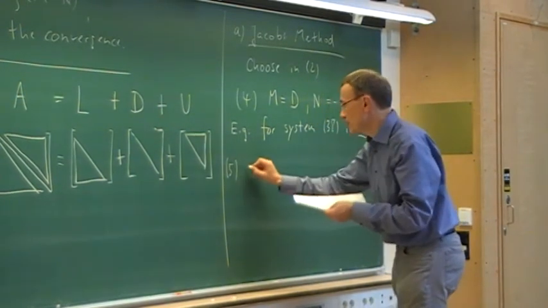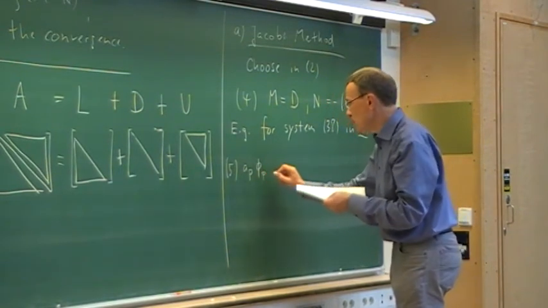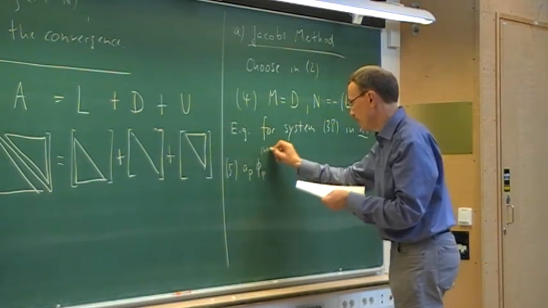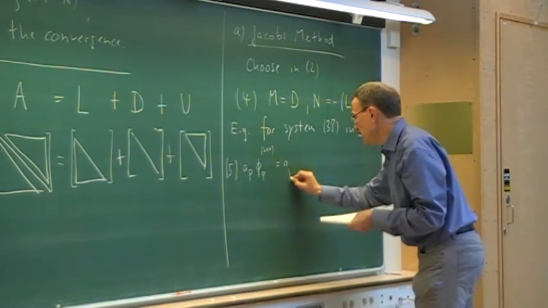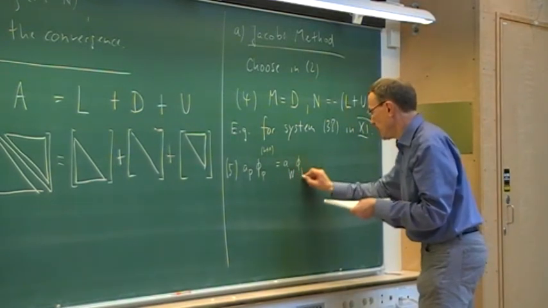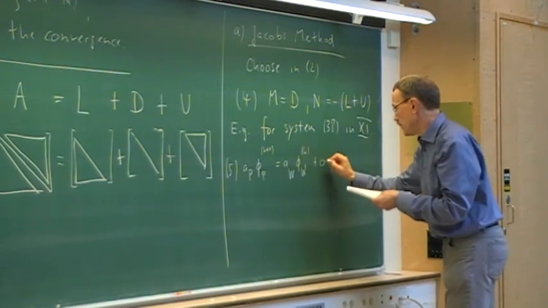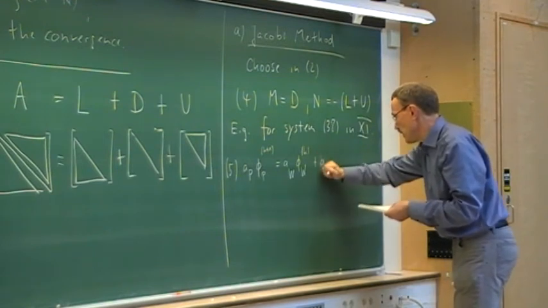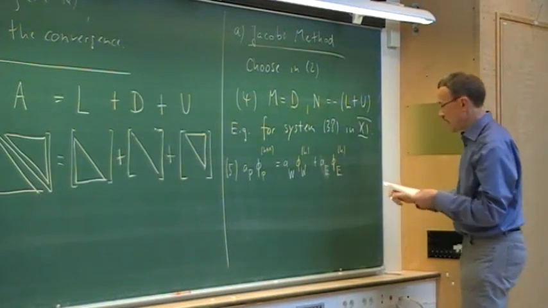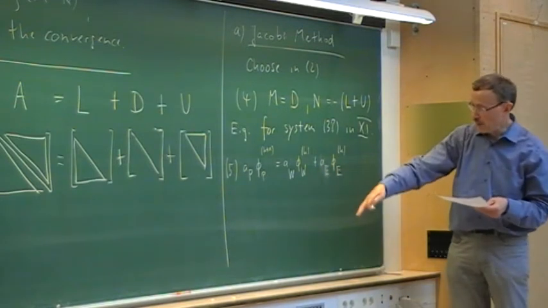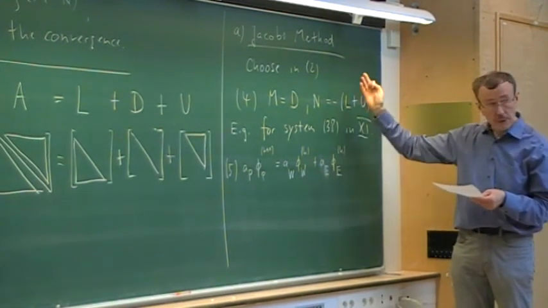The diagonal is just the center coefficient, and only that is then taken at the new iteration level, k plus 1. And the other ones are at the old iteration level. That is the coefficient AW, phi W is at the old iteration level, the coefficient AE, times phi E at the old iteration level. Because remember, the W will be on the lower part, will belong to L, the AE will belong to the upper part.